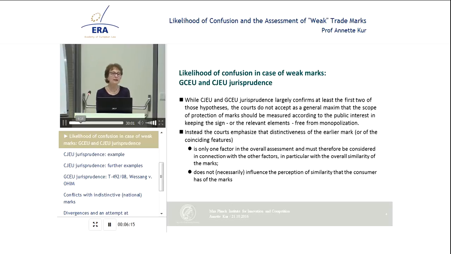However, both courts very clearly refuse to accept that the interest in keeping a sign free from monopolization, from exclusive rights, that is basically underlying the assessment that elements are descriptive or are indistinctive, should play a decisive role for the measuring of likelihood of confusion.